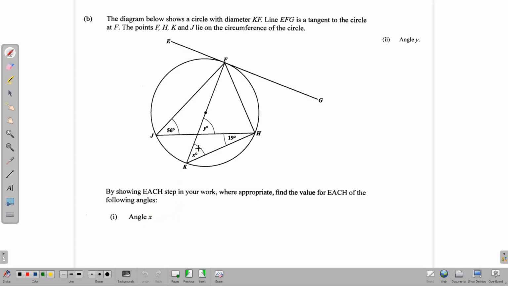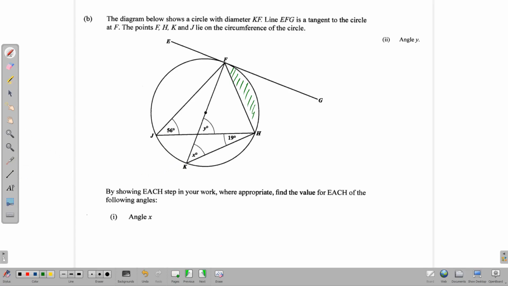Now for angle X here, there's a theorem that states that angles drawn in the same segment are equal. So here we have a segment, and here we have the alternate segment. And notice that these two angles are drawn in the same segment. So for that reason, these two angles are equal to each other.